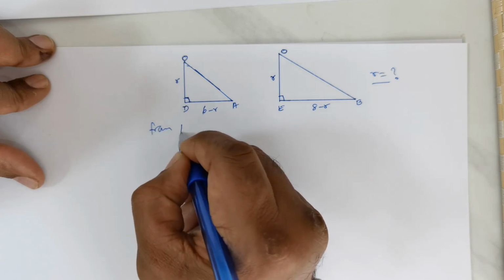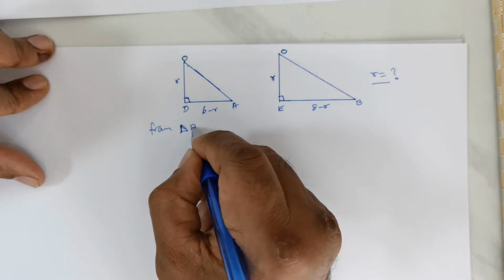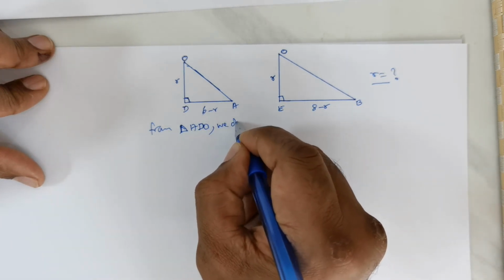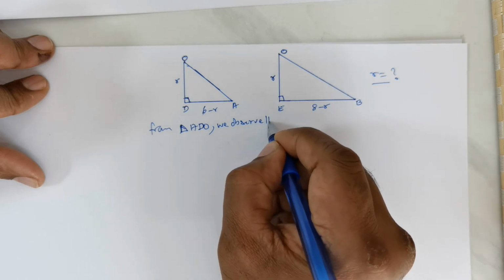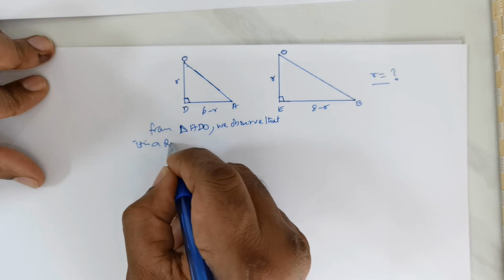So from triangle ADO, we observe that it is a right angle triangle.